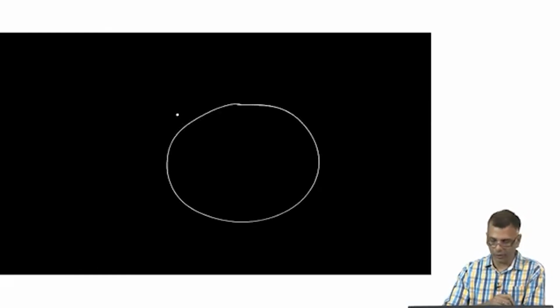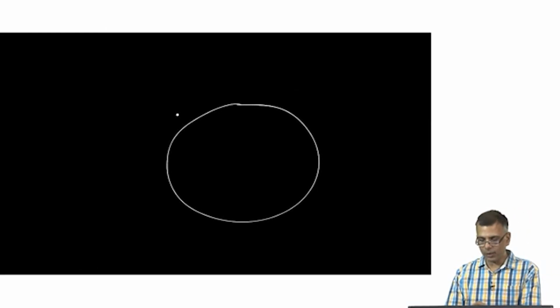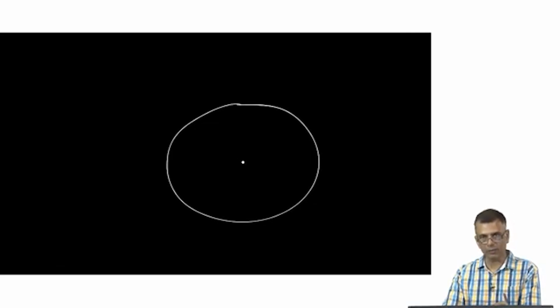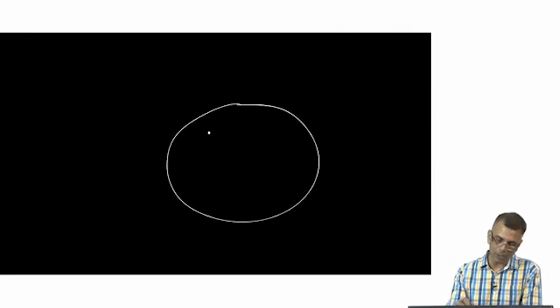Suppose you have some kind of a bounding surface like this. The whole point is you cannot magically create or destroy mass inside here. So if the mass inside here increases or decreases, that can only be because of mass flux flowing out or flowing in.